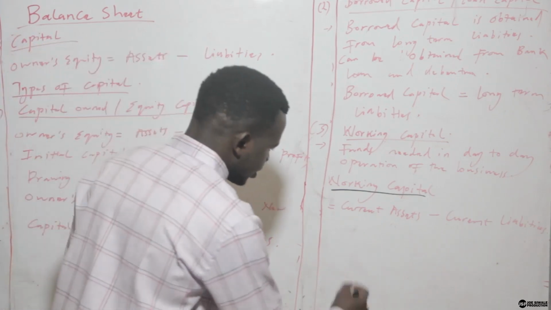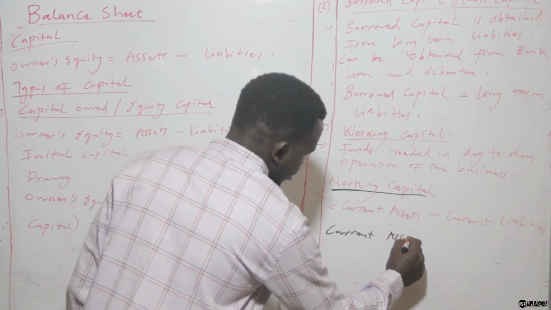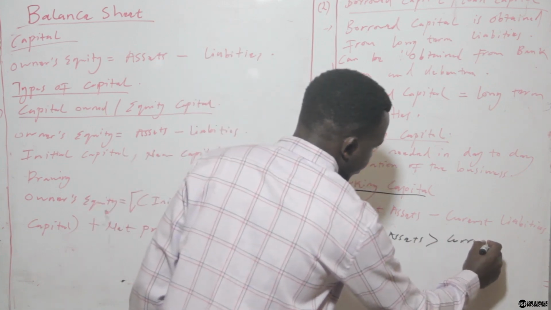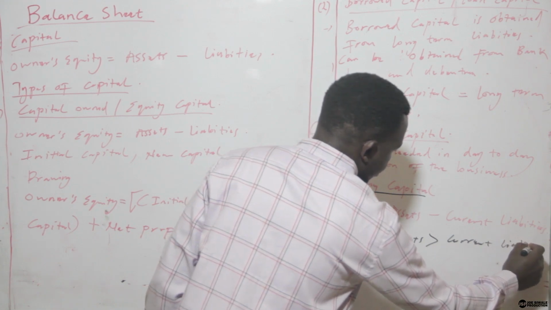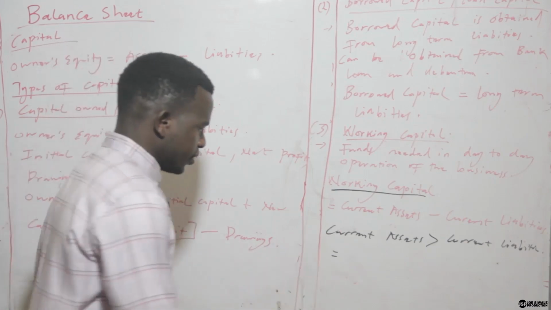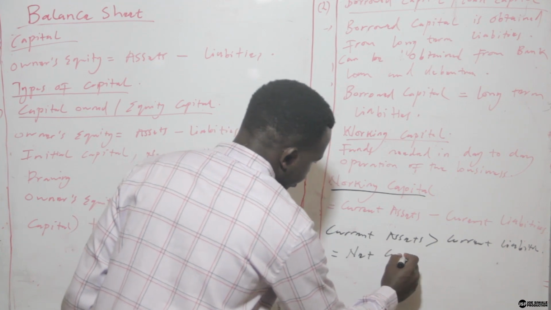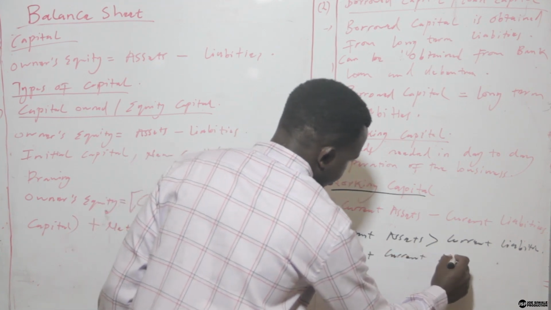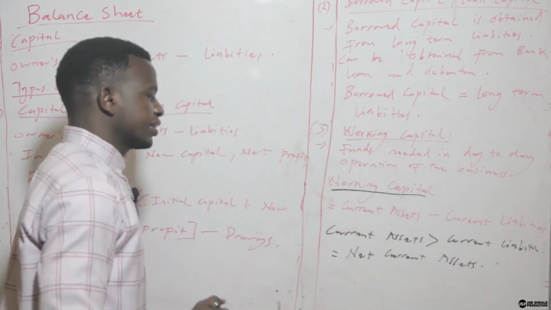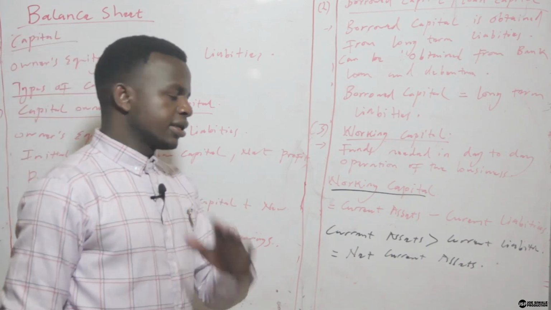We can also say that when the current assets are greater than the current liabilities, that means that we can find net current assets. So in this situation, we're going to find net current assets. But if this is the opposite, where the current assets are less than the current liabilities, that means that we're going to have net current liabilities.